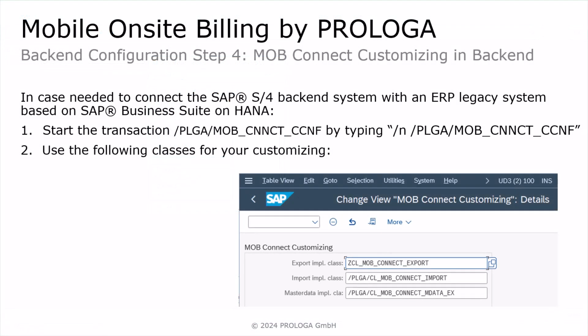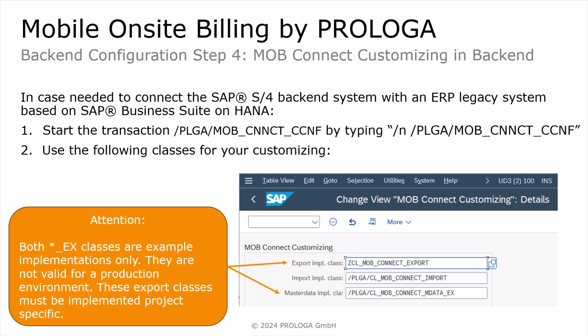If needed on your side, we can connect the SAP S/4 backend system with an ERP legacy system based on SAP Business Suite on HANA. To do so, we use the transaction as shown here. Please be aware that the shown classes are examples from our side and not valid for a production environment.